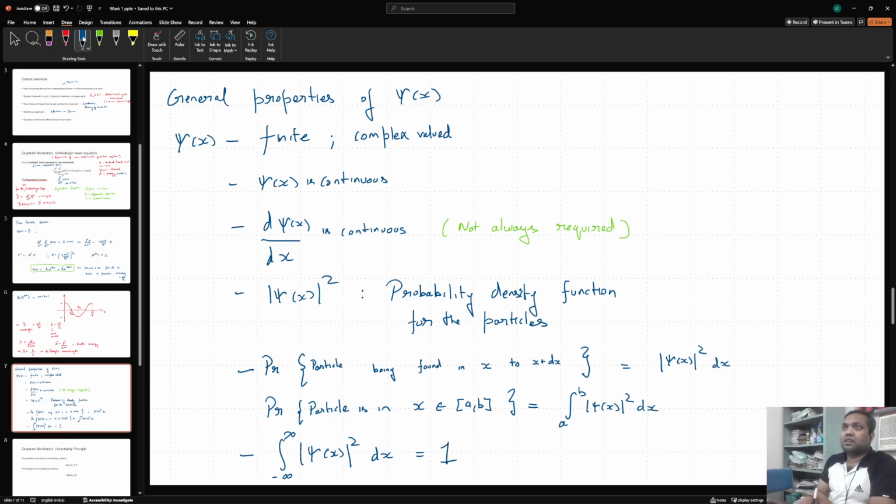So this condition is the normalization condition.